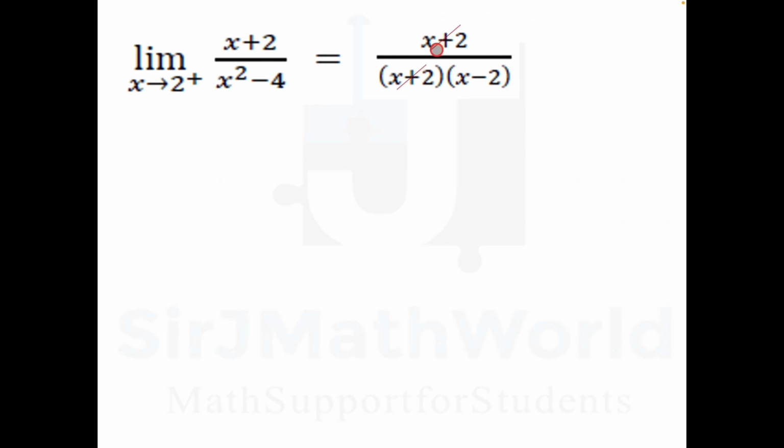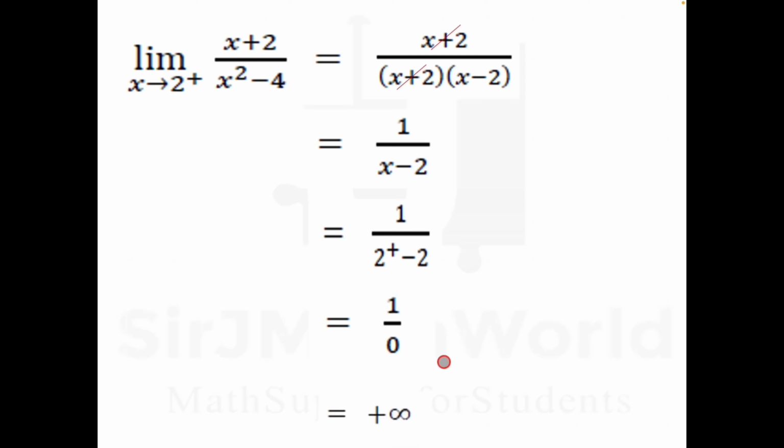Matitira tayo ng 1 over x minus 2. Then, after that is palitan natin ito. Approach is 2 positive. So, 1 over 2 minus 2. So, magkakaroon ka dito ng 1 over 0. So, 1 over 0 is positive infinity.